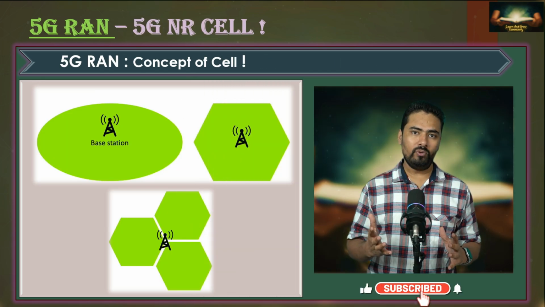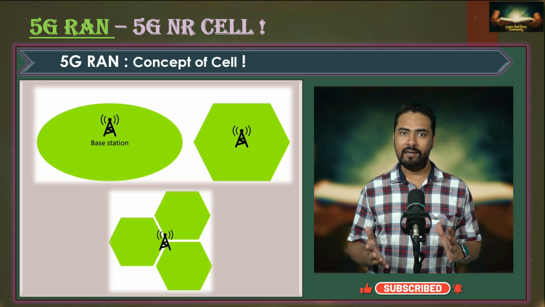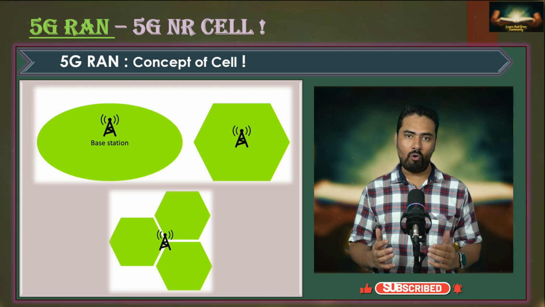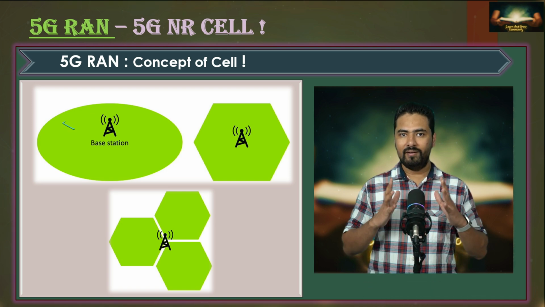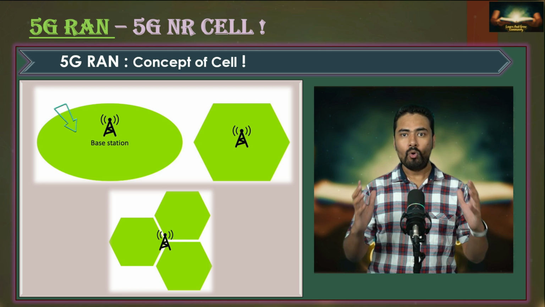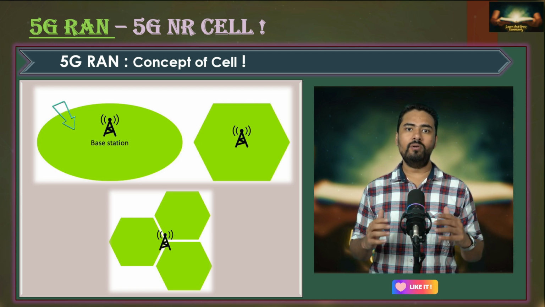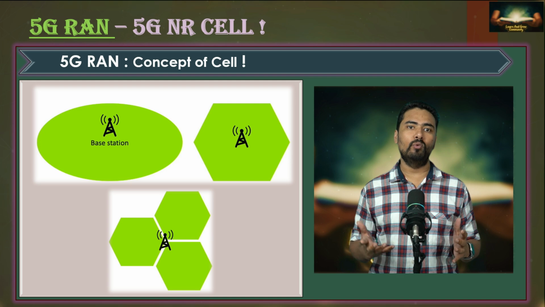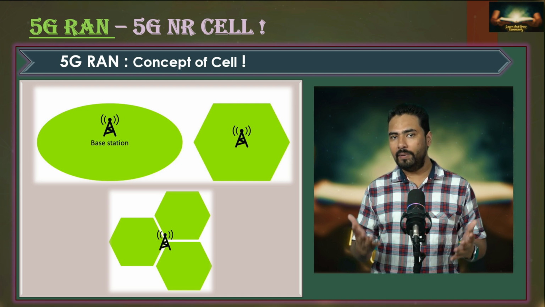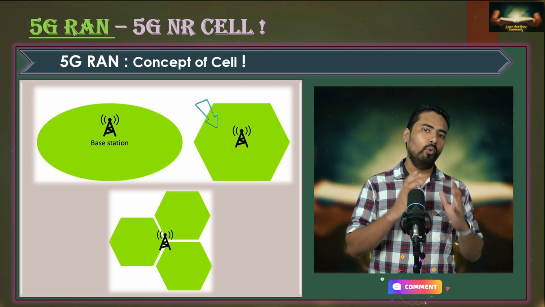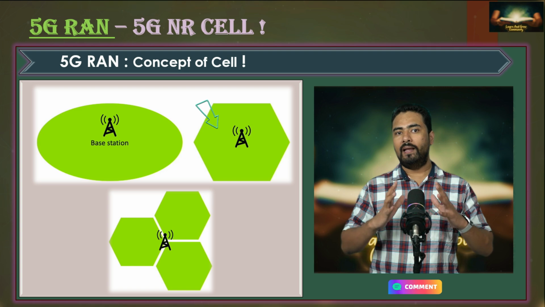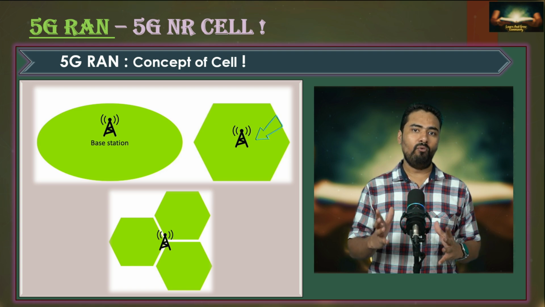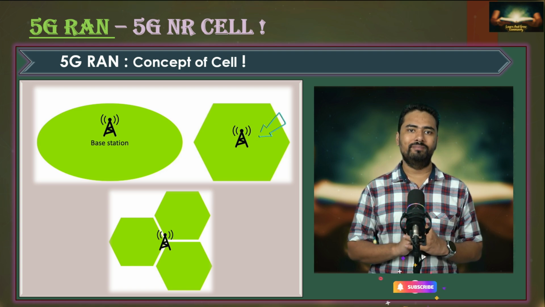Now let's explore the 5G cell and understand how the concept of a cell has evolved in 5G technology. A cell is a geographical area over which a certain base station provides coverage for the telecommunication network. At the very beginning of wireless communication, omnidirectional antennas were used, represented by a hexagon with a base station in the center.